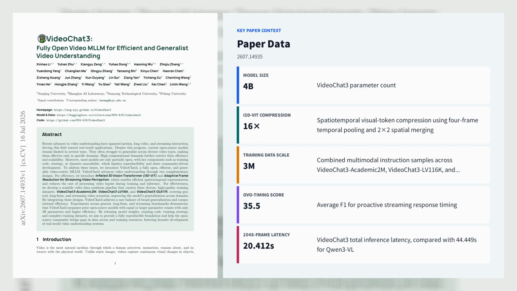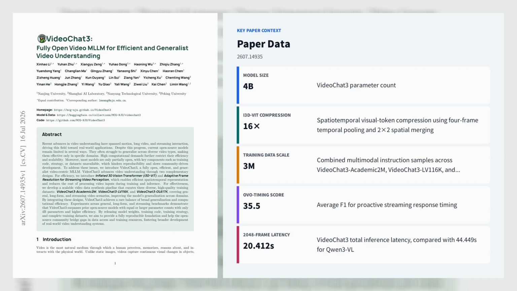The training pipeline produces roughly 3M multimodal instruction samples through VideoChat3 Academic 2M, VideoChat3 LV116K, and VideoChat3 OL617K, using evidence-grounded annotation enhancement, long video segmentation, clue verification, and a balanced state transition loss.